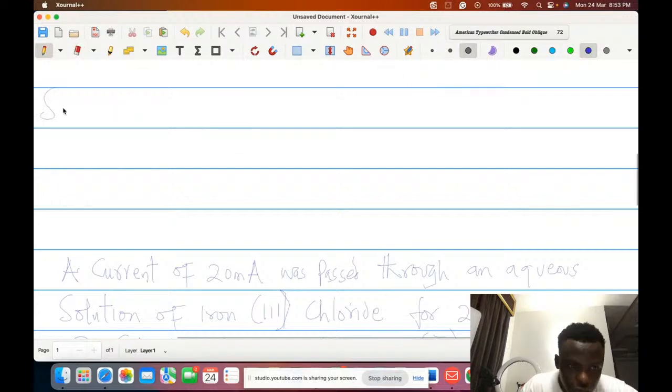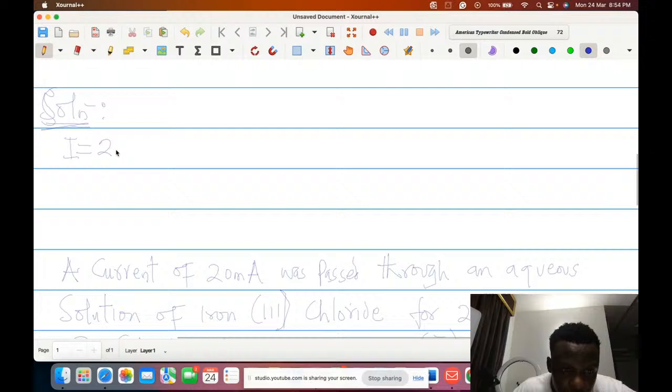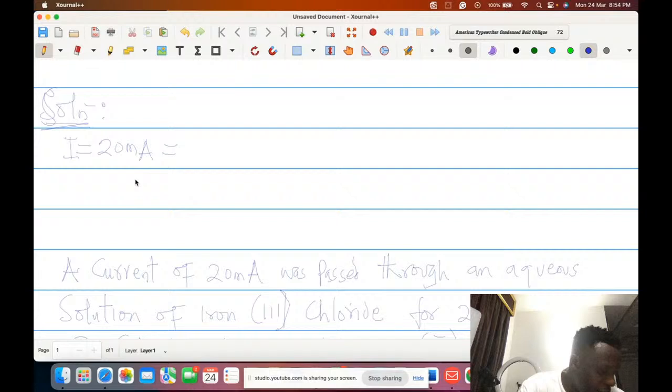I'll say solution. Now, first thing, class, current, which is I, must always be in ampere. They gave us 20 milliampere, so you must convert it to ampere.